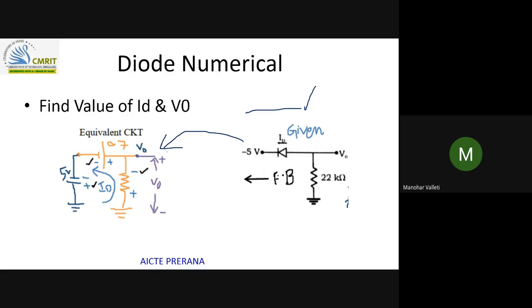Whether the diode is forward biased or not here. You see, minus 5 can be realized like this, right? The cathode of the diode is connected to the minus of the battery, so obviously the diode is forward biased. Once it is forward biased, replace with the equivalent circuit, that is 0.7.